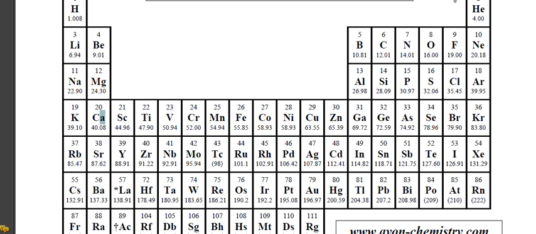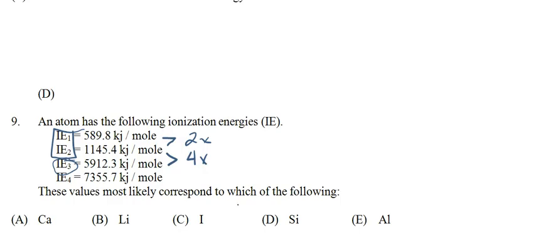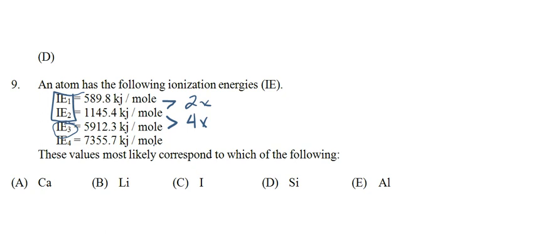So in the third energy level, the S and P, in the second energy level, the S and P, and the first energy level, the S, the core electrons. Atoms do not like to have their core electrons removed. So the best choice here is our group 2A element, which is calcium. So again, ask yourself, how many are easy? However many are easy, that's the column that it's in.